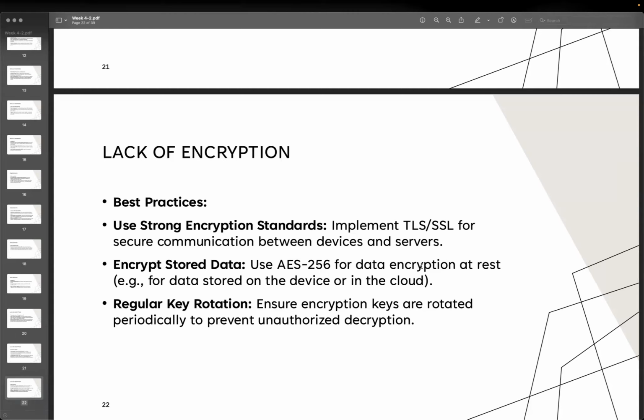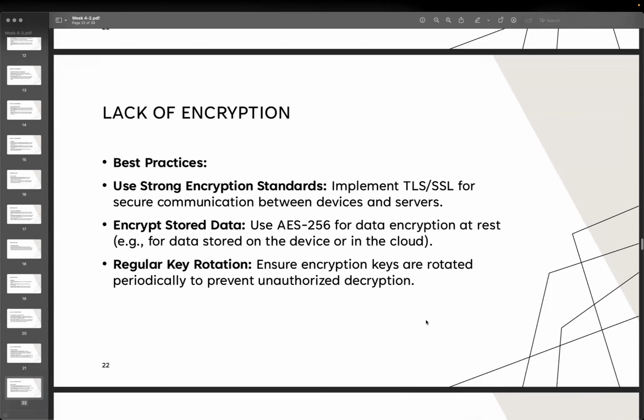We can encrypt all the data stored on the device, and then have a regular key rotation. Because if you keep the same key, attackers may be able to crack it. When you rotate periodically, we can prevent unauthorized decryption. So that's how we can do it.